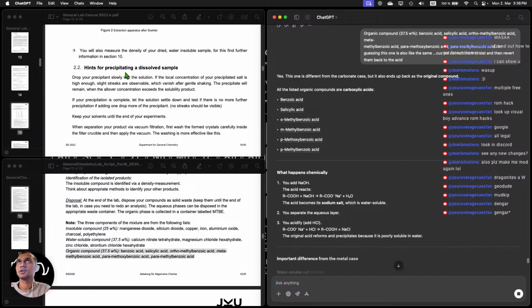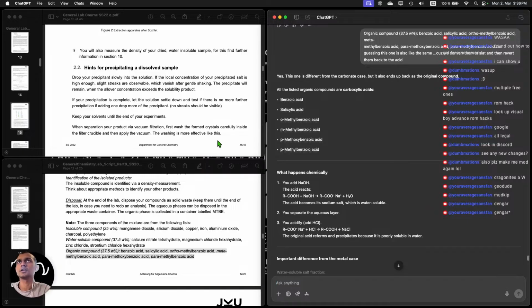Hints for precipitating a dissolved sample. Drop your precipitant slowly into the solution. If the local concentration of your precipitated salt is high enough, slight streaks are observable, which vanish after a gentle shake. The precipitate will remain when the overall concentration exceeds the solubility product. If your precipitation is complete, let the solution settle down. Test for no further precipitation by adding one drop or more of precipitant. No streaks should be visible. Keep your solvent until the end of your experiment. When separating your product via vacuum filtration, first wash the formed crystals carefully inside the filter crucible, then apply the vacuum.